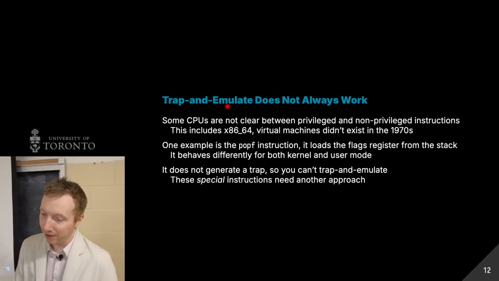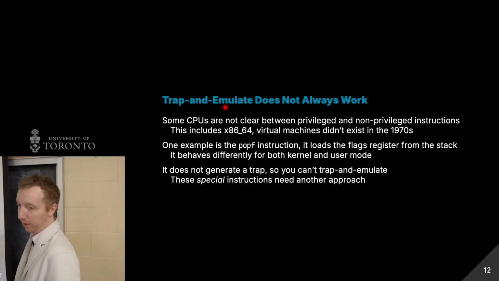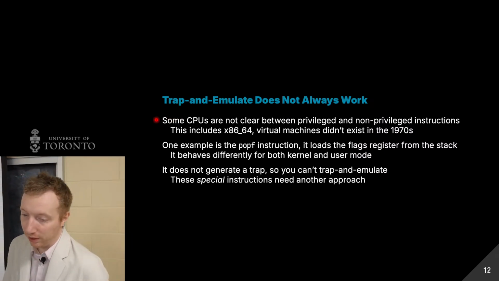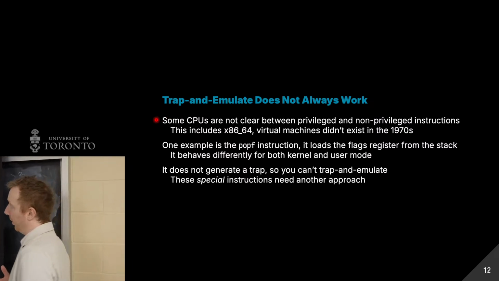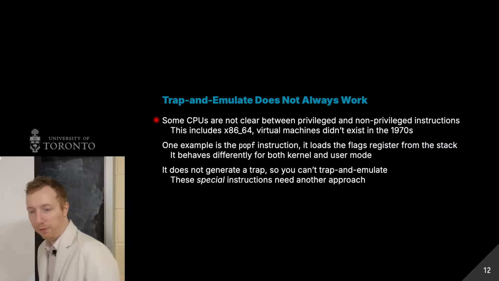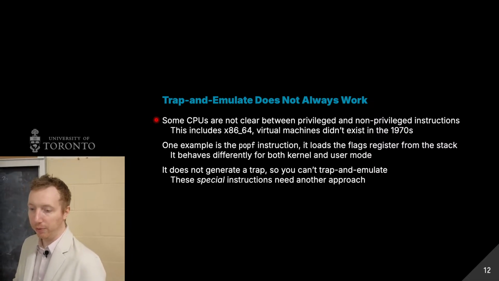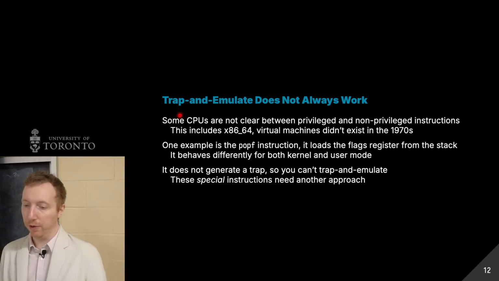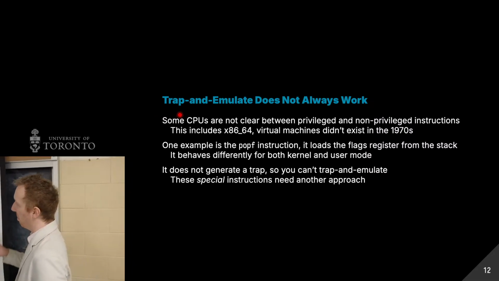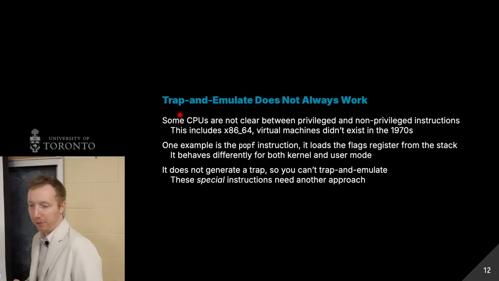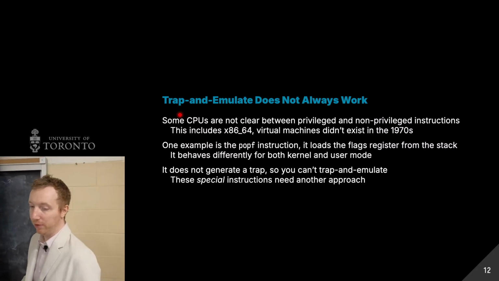So sometimes this does not always work, because on some CPUs, especially older ones, there was no such thing as a hypervisor mode, so they did a bunch of tricks to save on instruction space and all of that stuff. So on some CPUs, there's not really a clear distinction between privileged and non-privileged instructions.